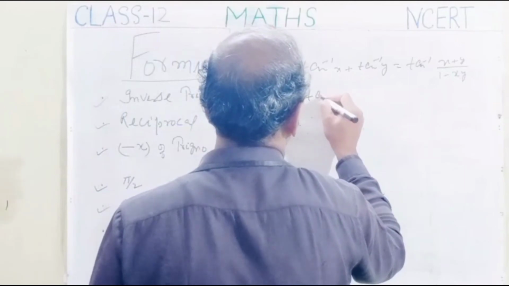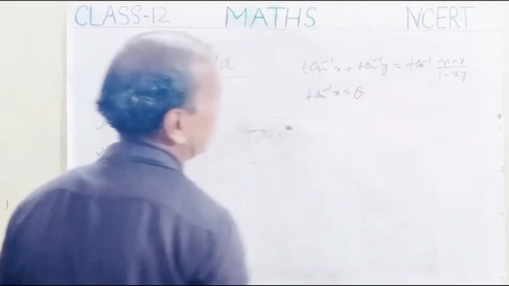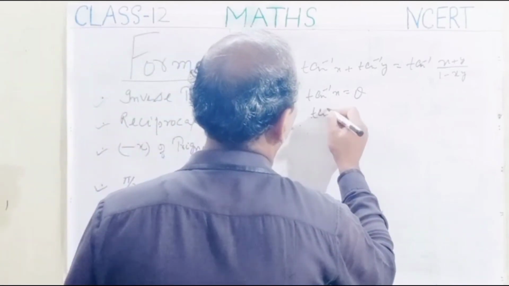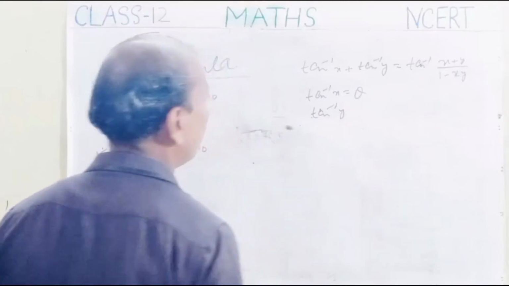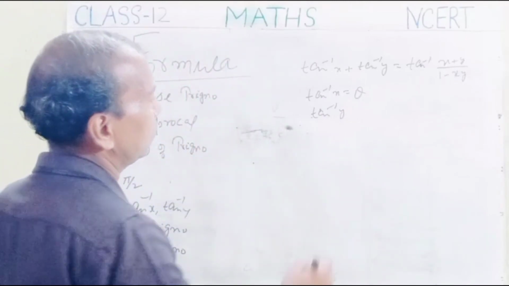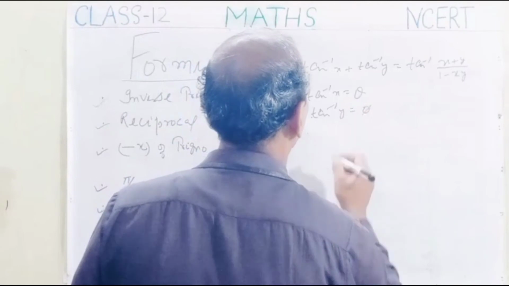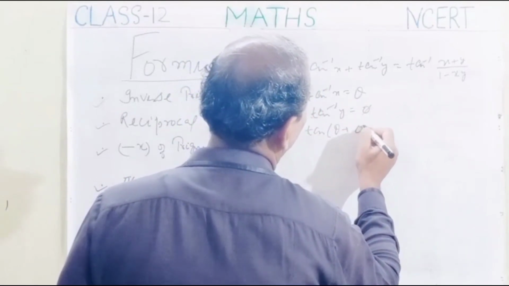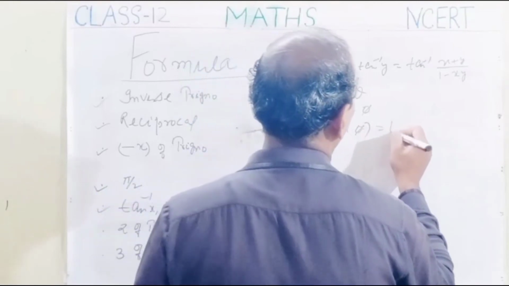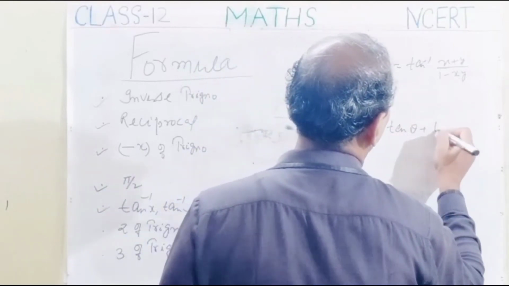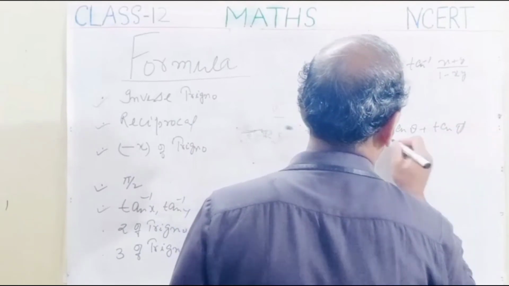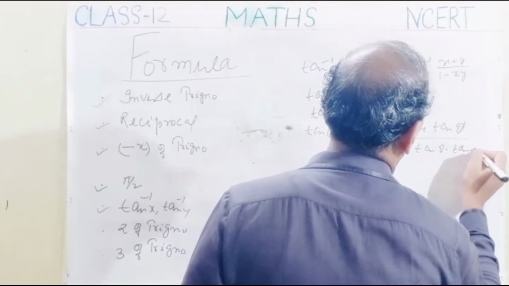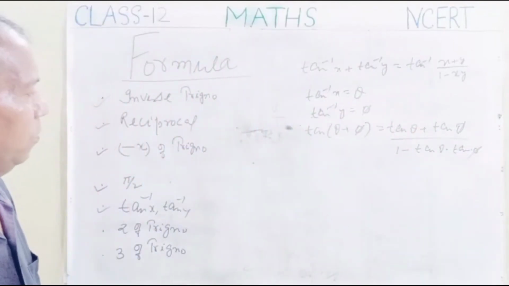Let's suppose tan inverse x is equal to theta, and tan inverse y is equal to phi. Then tan of theta plus phi is equal to tan theta plus tan phi over 1 minus tan theta into tan phi. Now put the values.